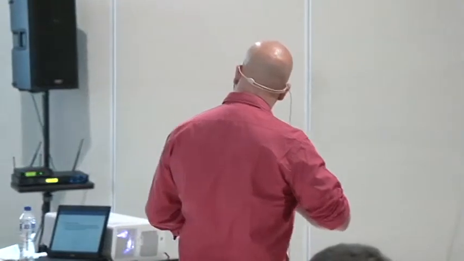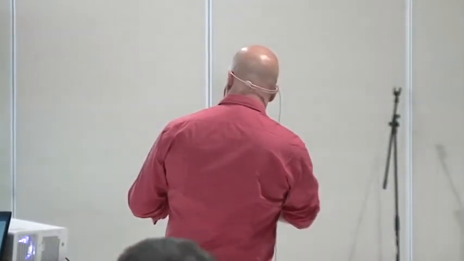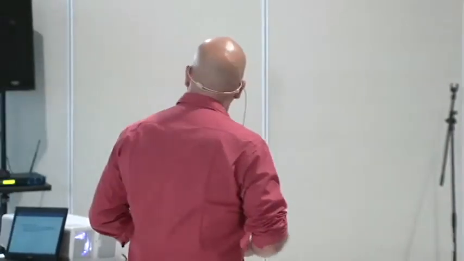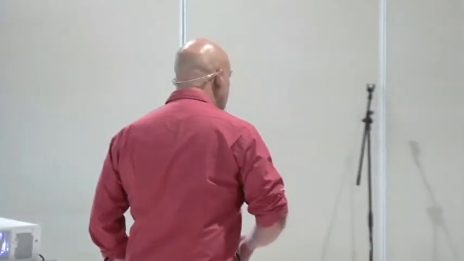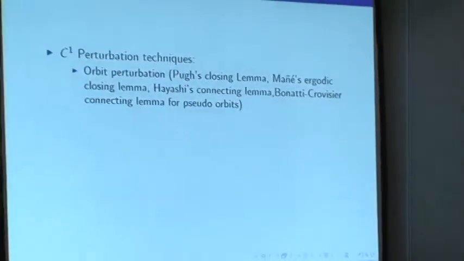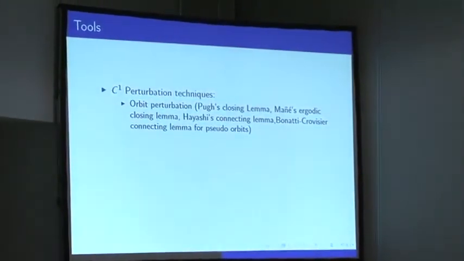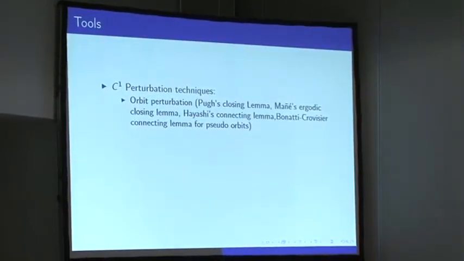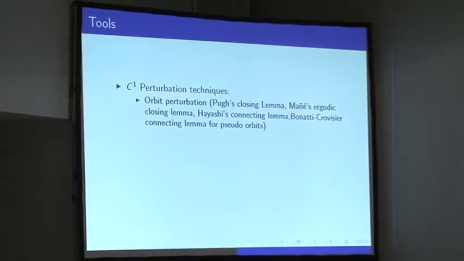These are results or techniques to perturb the system and obtain some property that we want. For instance, if we have a recurrent point, we can perturb it to obtain a periodic orbit. Mañé's ergodic closing lemma is an extension of Pugh's closing lemma from the ergodic point of view. Hayashi's connecting lemma is another result that says how to connect two points, how we can perturb so that the two points will be in the same orbit, and so on.